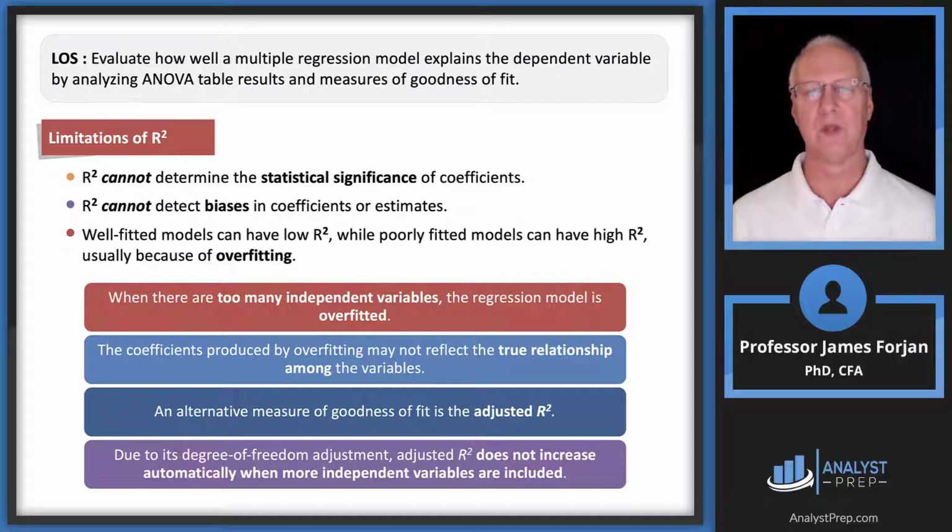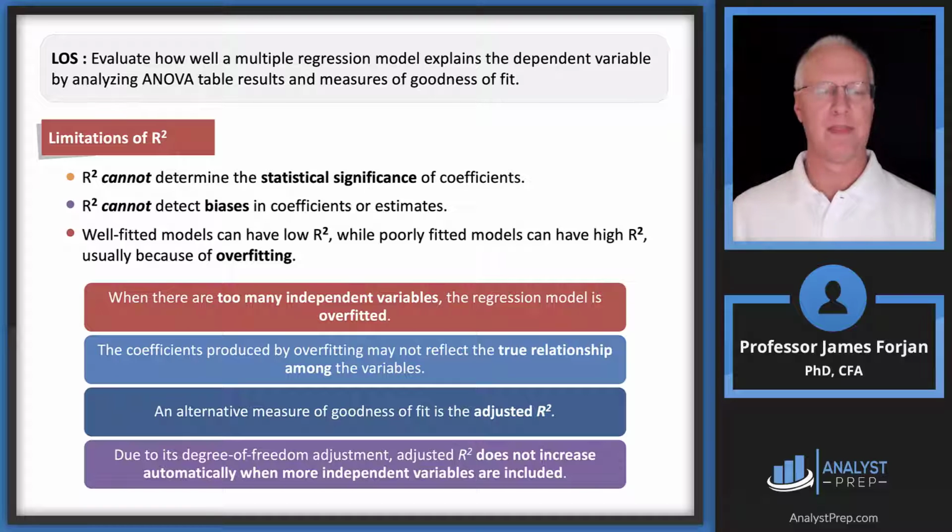You can do all these tests. But there are no tests of significance for R-square, which means that in its calculation, it's probably not going to be able to come up with any kind of a bias in the coefficients or any of the estimates.